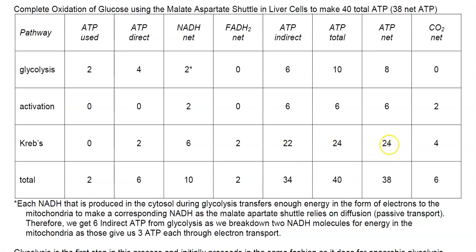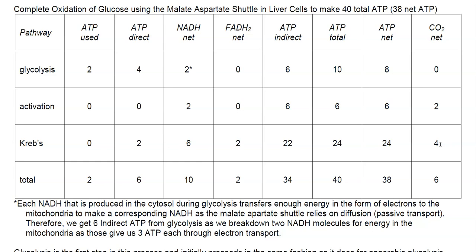Net is total minus used, 24 minus 0 is still 24. My CO2 net, remember we went from a 4-carbon molecule to a 6-carbon originally, and then those 6 carbons came off as we went through a metabolic pathway. Since those came off as CO2, we count them there.